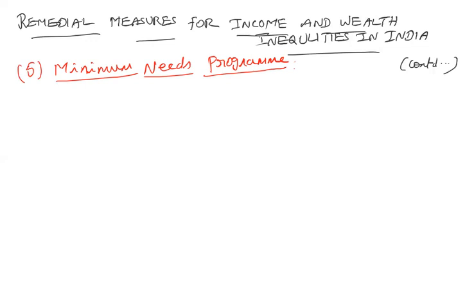So the government did not mainly concentrate on the income inequalities, the poverty happening in the country, or the increase in the population.